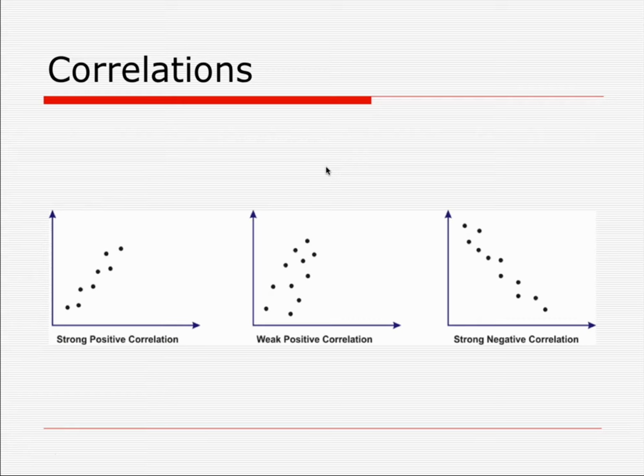Now, when the data points are scattered out like they are here in the middle, if we were to calculate the correlation coefficient, it would be close to 0. We call those weak correlations. Now, you'll notice on this particular one, and I'm going to draw here again, the direction is going positive.